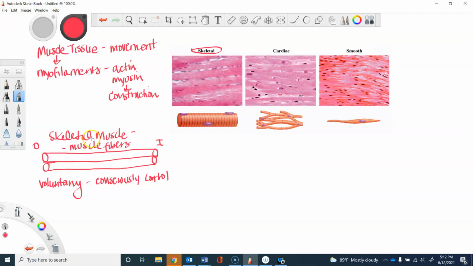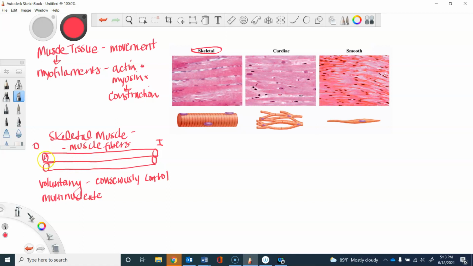Skeletal muscle cells are one of the few types of cells in the body that are multinucleate. And like I said, these cells, muscle cells, are full of these myofilaments or contractile proteins.